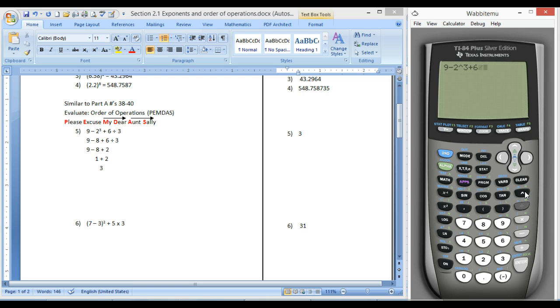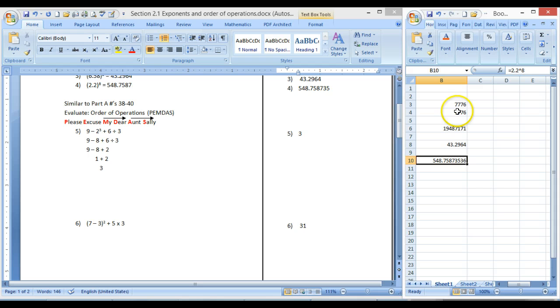And this one, the divide sign is right here. So it's the slanted one. It doesn't look like the divide sign that we have over here in the Word document. Divided by 3, press enter, and it automatically knows the order of operations and will do it, and the answer is 3.